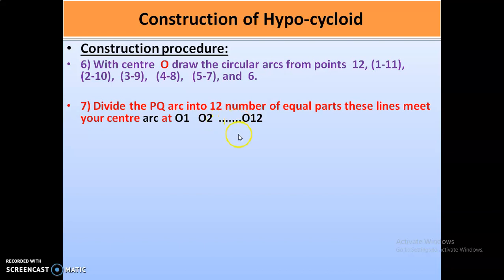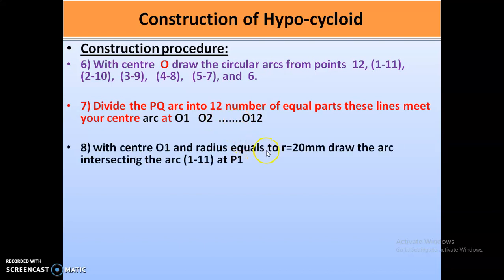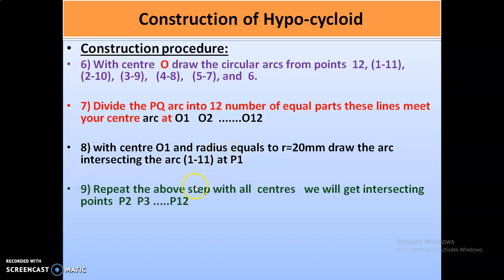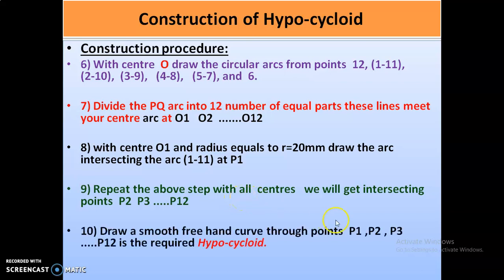With center O1 and radius equal to 20, draw the arc intersecting the arc 11 at P1. So repeat this step for all center points O1, O2, O3 and so on up to O12. So we get the intersecting points P1, P2, P3 and so on up to P12. If we draw a smooth freehand curve through the points P1, P2, P3 and so on up to P12, it is the required hypocycloid.